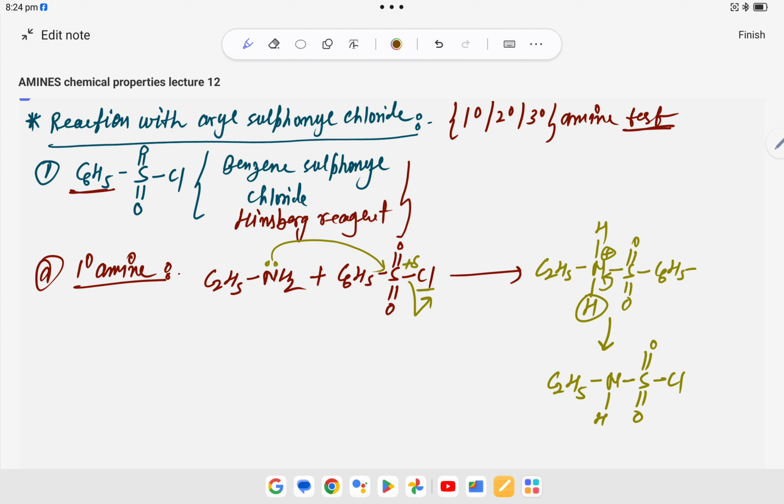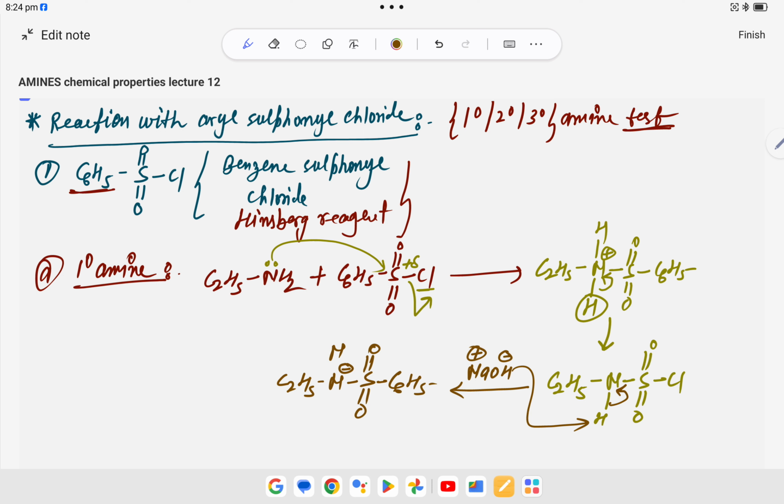The interesting part is that this substance reacting with NaOH, or you can say in the base, will dissolve. OH approaches the acidic hydrogen, then the electrons shift onto the nitrogen. So C2H5 N negative, SO2C6H5, and here sodium plus is attached.